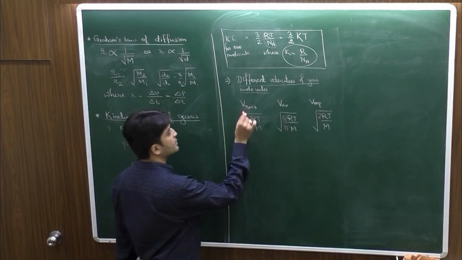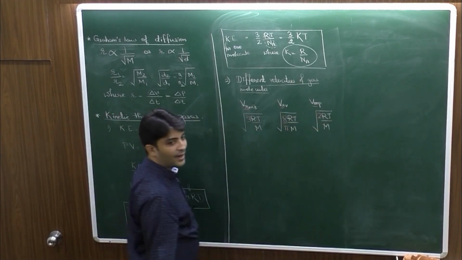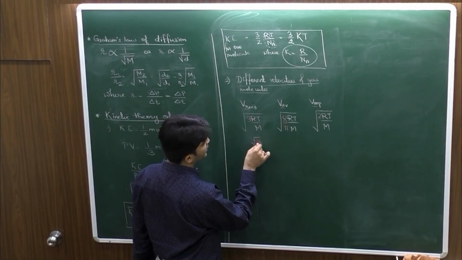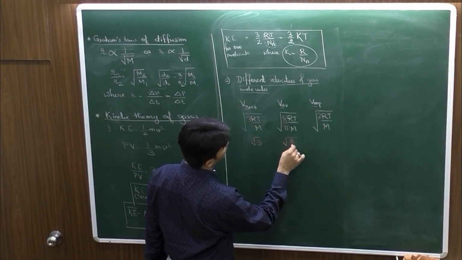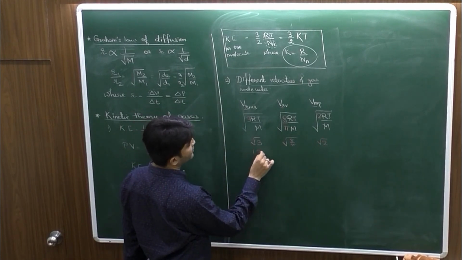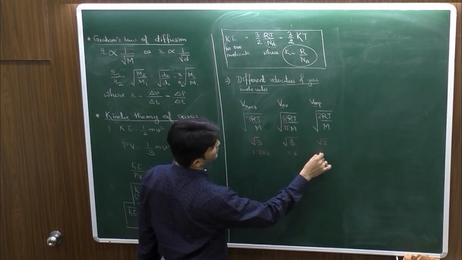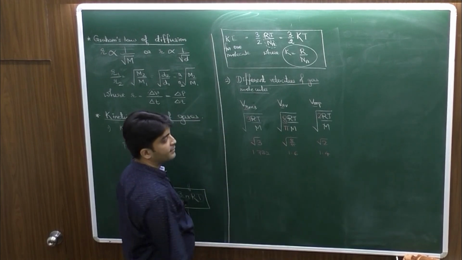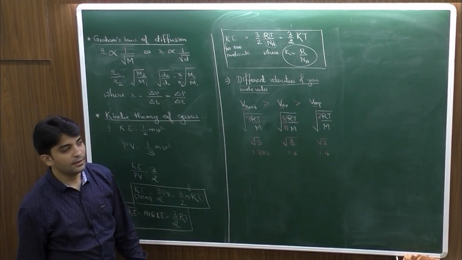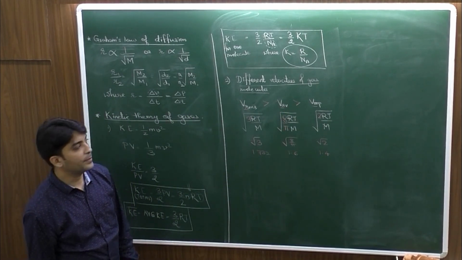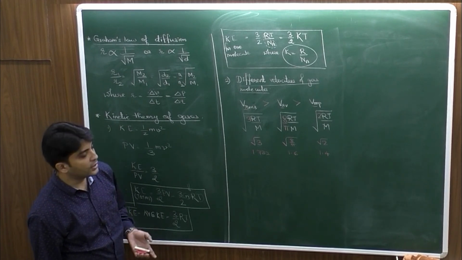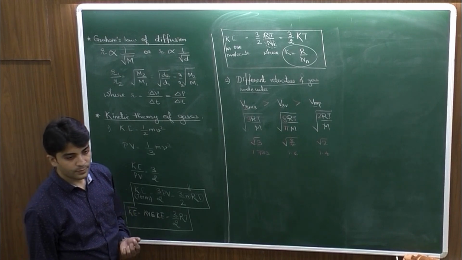So you can actually remember it as RAM. The ratio, in fact, if you take, is root 3 is to root 8 upon pi is to root 2, which is 1.73 to 1.6 to 1.4. Hence, if you are asked to compare, RMS is greater than average is greater than most probable. So it can be remembered as RAM, and you just have to remember 3, 8 by pi and 2.